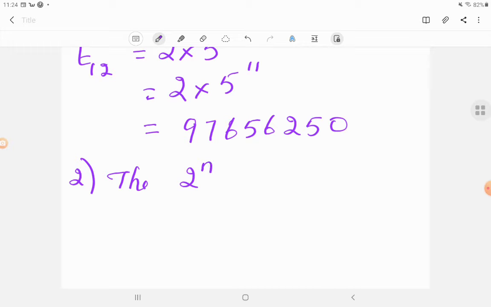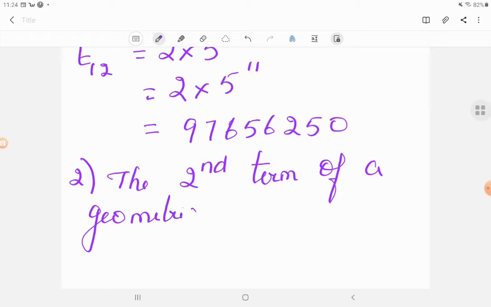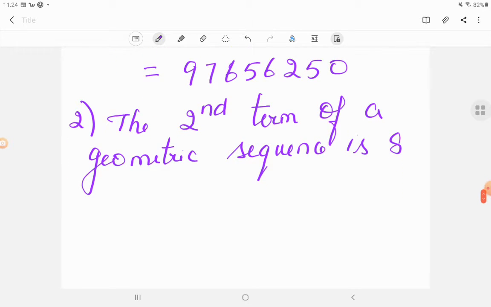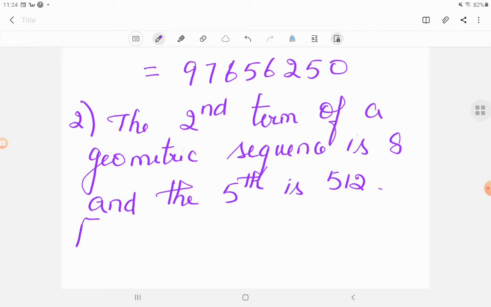The second term of a geometric sequence is 8, and the fifth is 512. Find the 10th term.